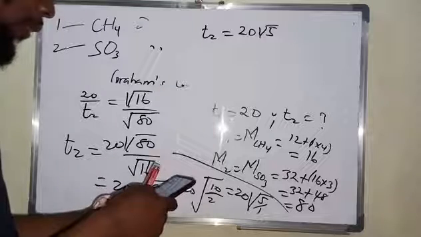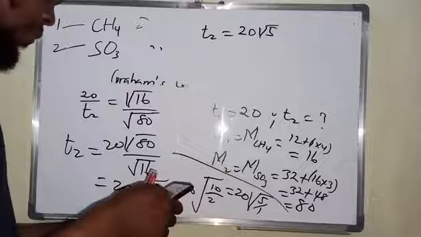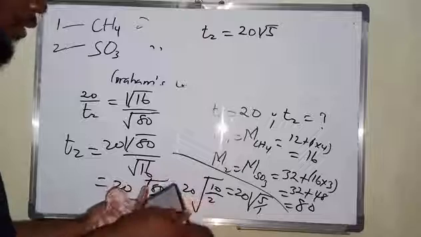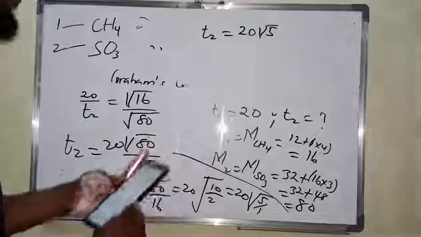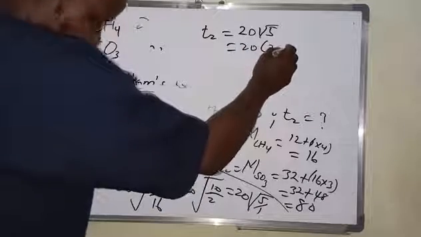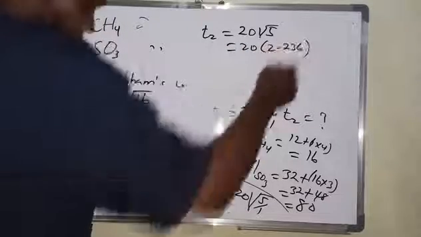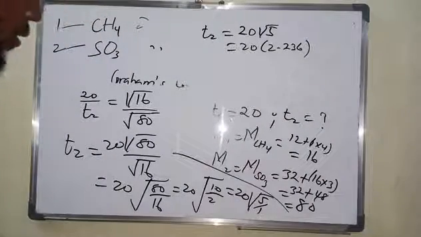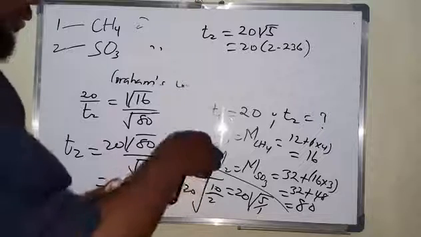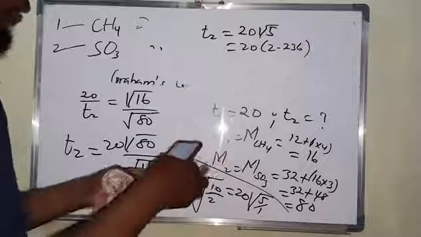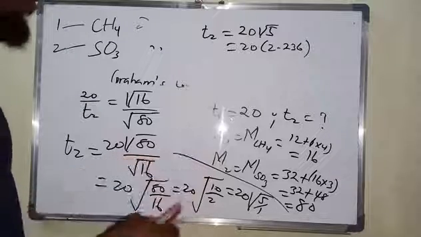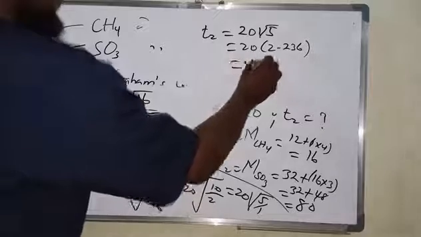The square root of 5 gives me 2.236. 2.236 multiplied by 20 gives me 44.72.